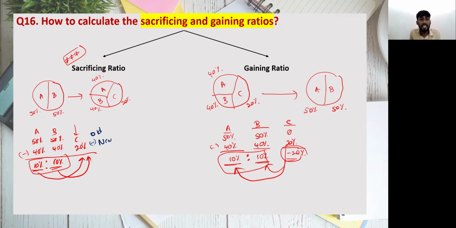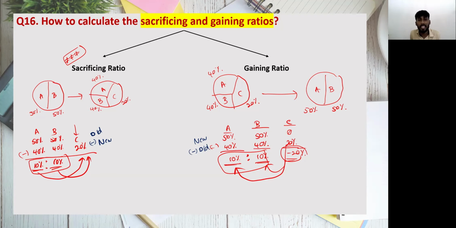When calculating the gaining ratio, the new one is the higher, so I deduct the old one from the new one.